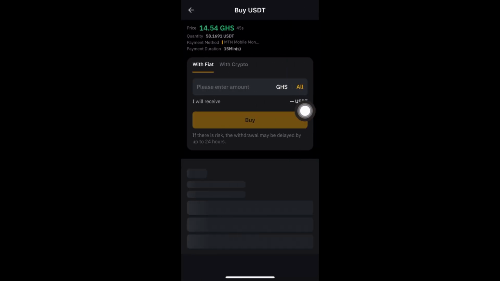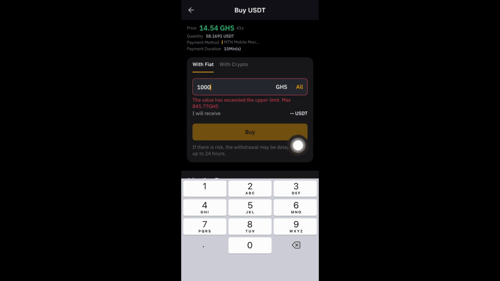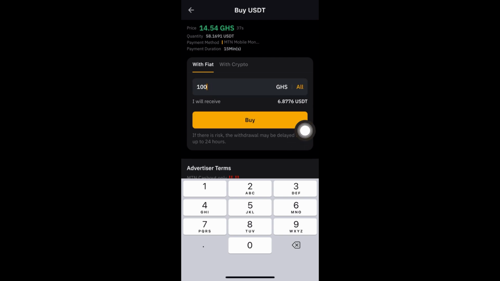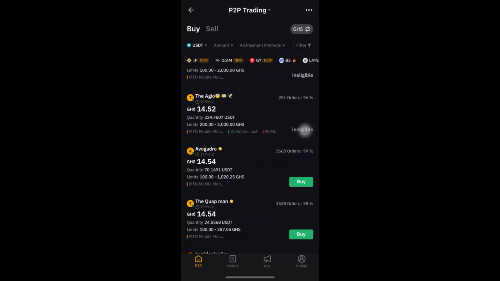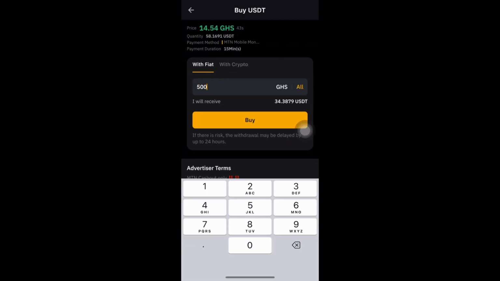So if I come to buy here, if I want to buy 1,000 Ghana cedis, the person doesn't have that amount. So let's say I go to 500 Ghana cedis. For 500 Ghana cedis, I'll get 34.38 USDT. You see that for 500 Ghana cedis?